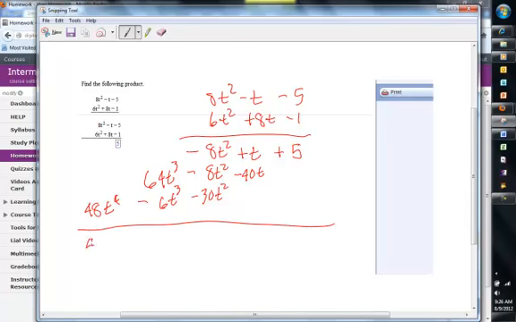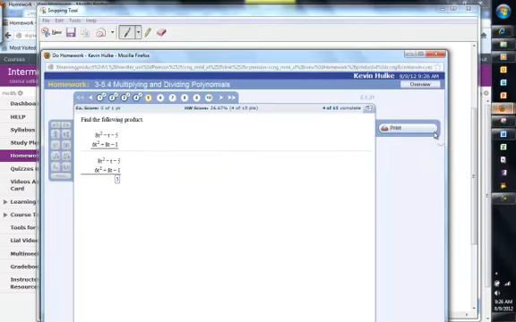So we have 48t to the fourth plus 58t cubed minus 46t squared minus 39t plus 5. Okay.